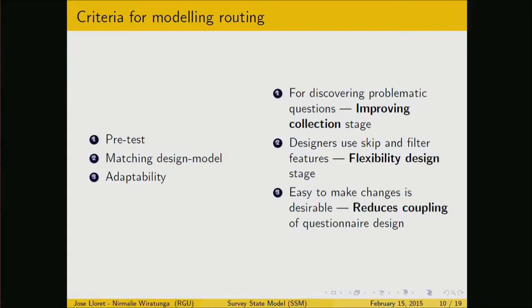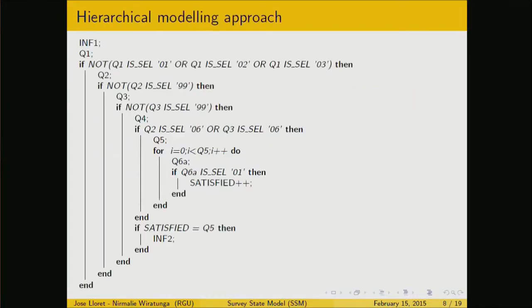So given these three criteria, we come back to the hierarchical modeling approach. In terms of pre-test, imagine that you would like to test question 5 that is in the inner part. First of all, you should run the questionnaire from the first question. All the preconditions should be satisfied until you reach question 5.